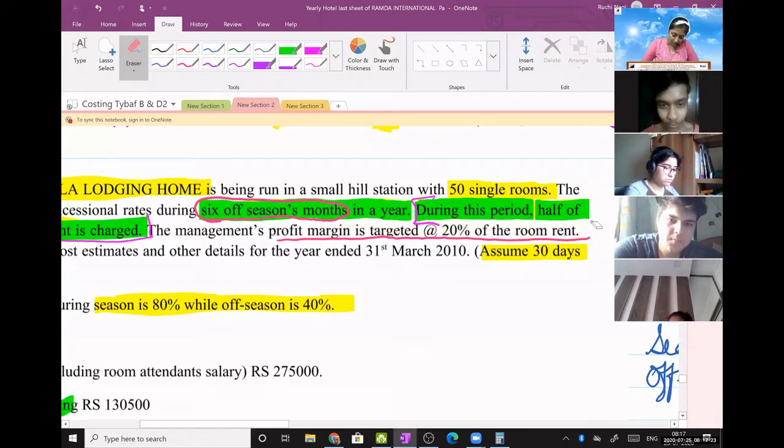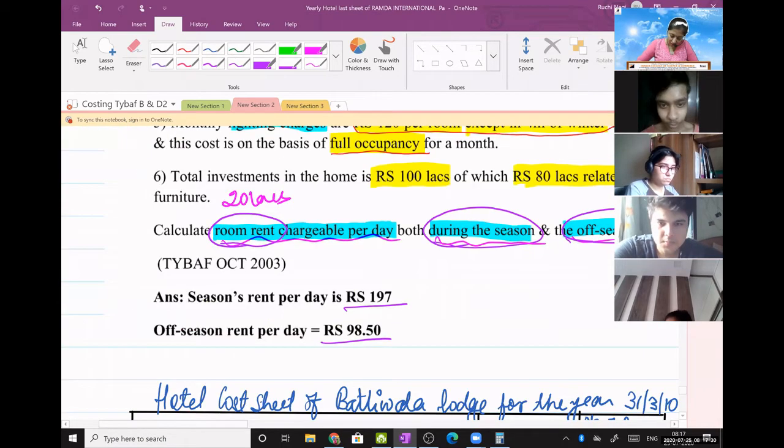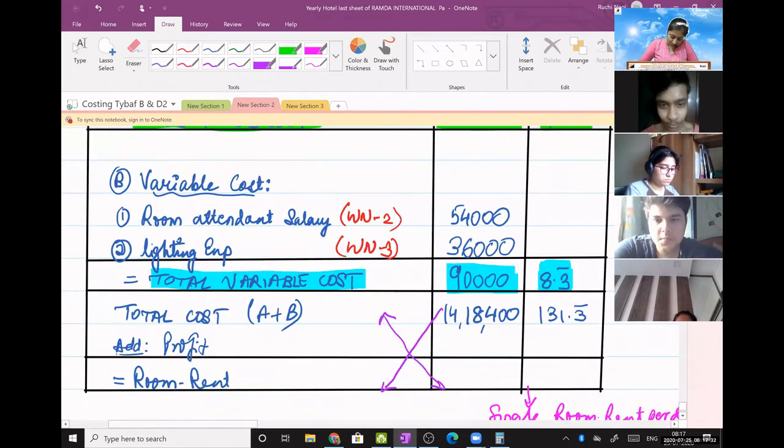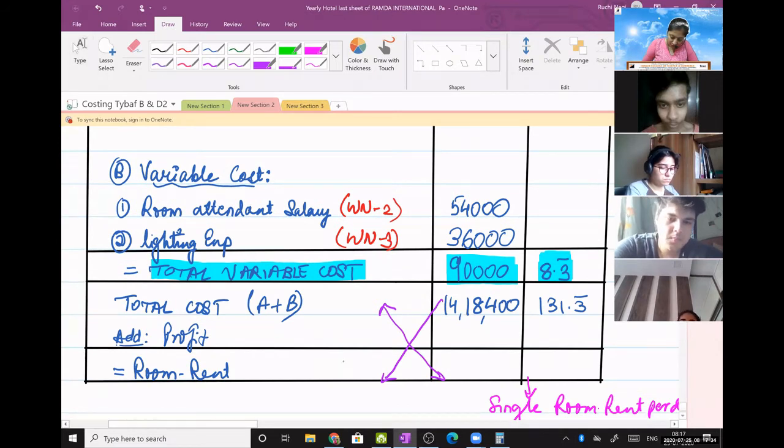So revenue, I mean room rent, I'm going to assume this is 100. This is 20, so 100 minus 20 is 80.